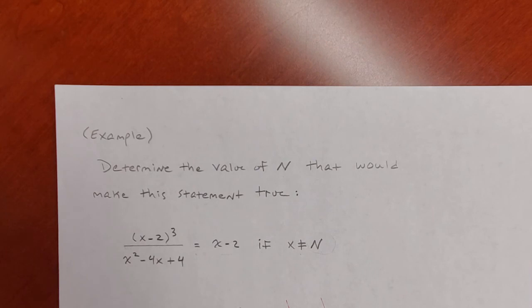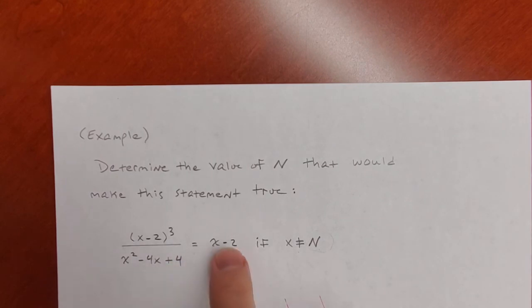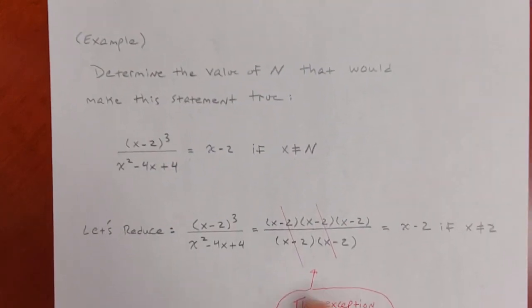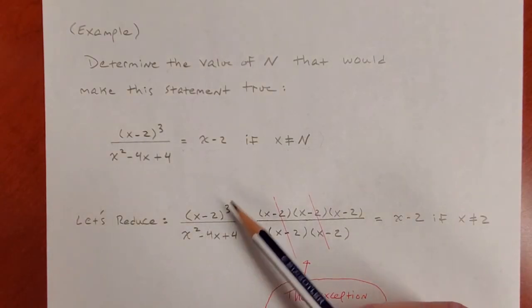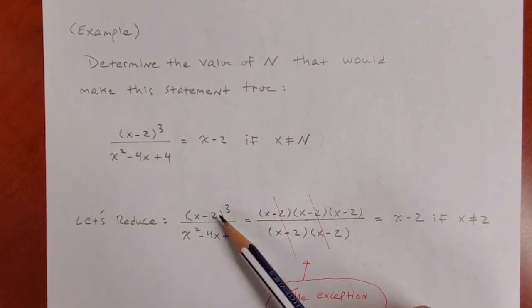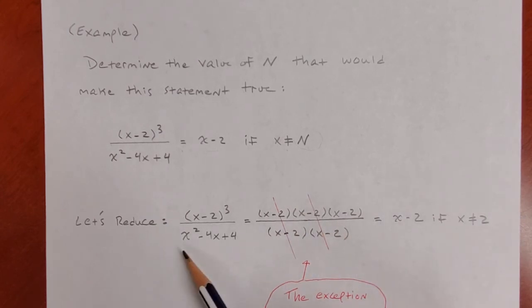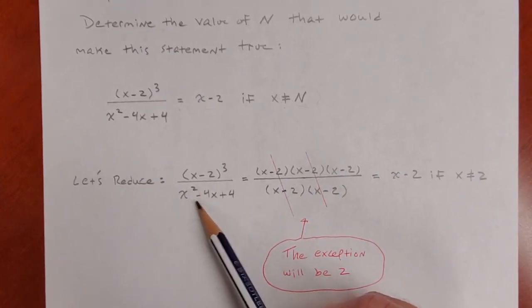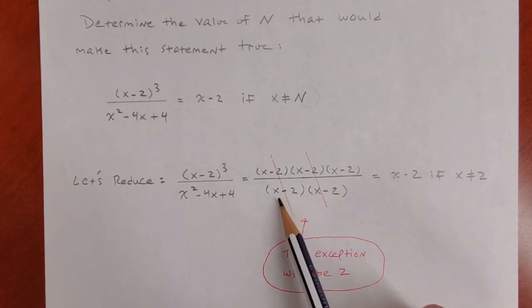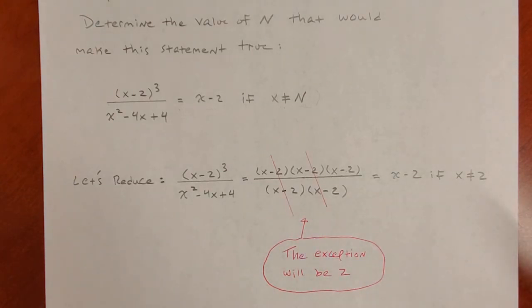Okay. All right, well, let's see. First, I guess we would have to prove somehow that you could reduce this to that. So let's try to do it that way. Let's reduce it. So here's what you start with. x minus 2 to the third power, 3 factors of x minus 2. And it happens that x squared minus 4x plus 4 factors as x minus 2 times x minus 2.